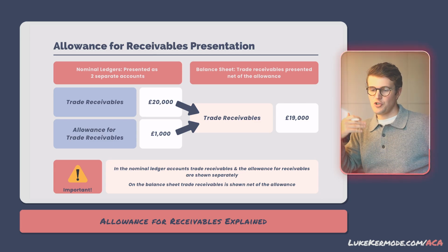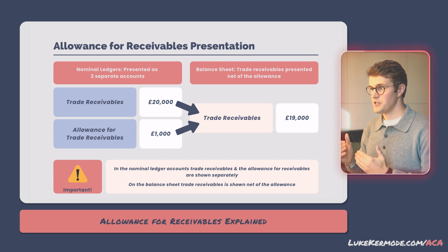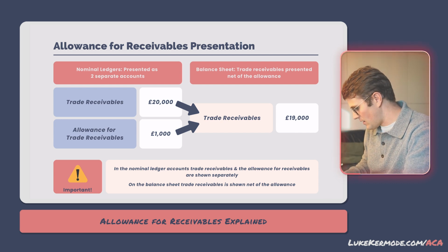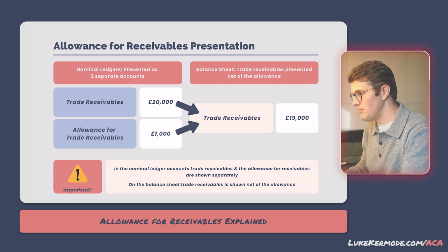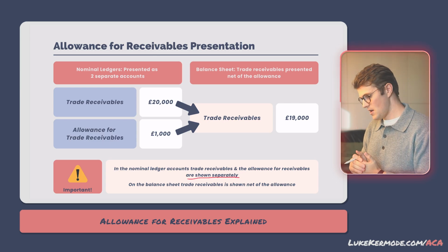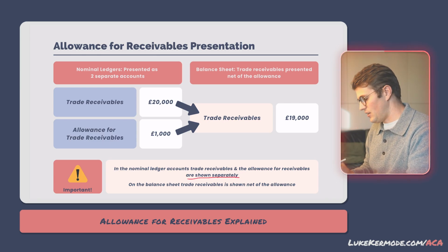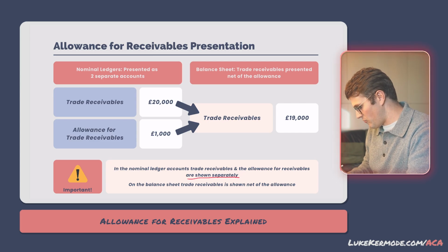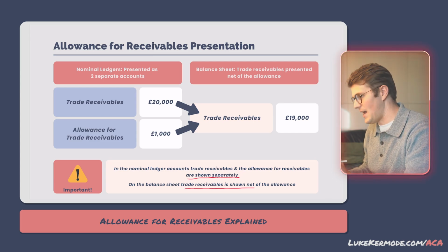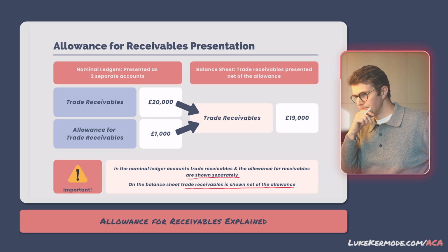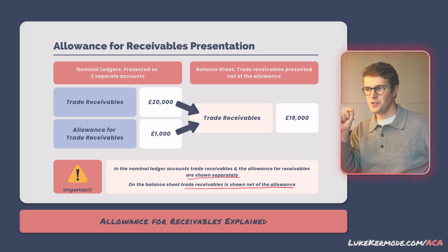So in the nominal ledger, the trade receivables and the allowance for receivables are shown separately. They have their own separate accounts, but on the balance sheet, they're combined, and trade receivables is presented net of the allowance. So always read your exam questions carefully.